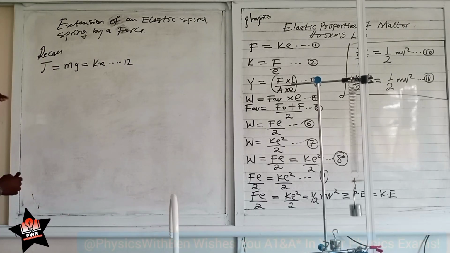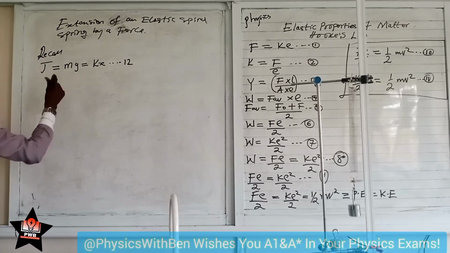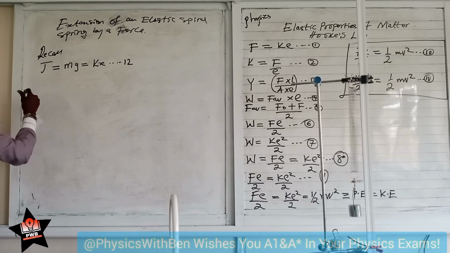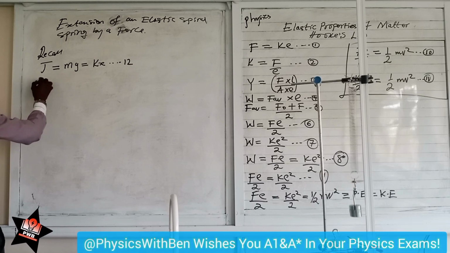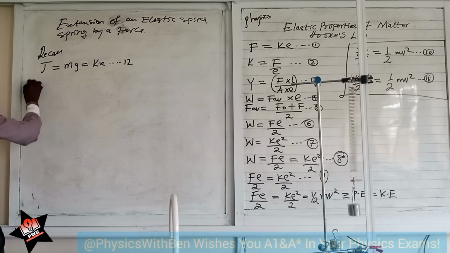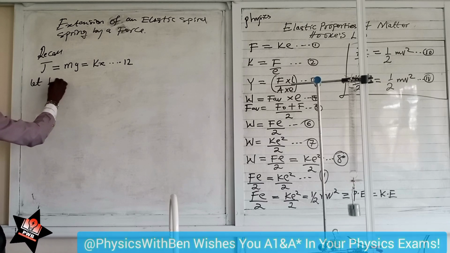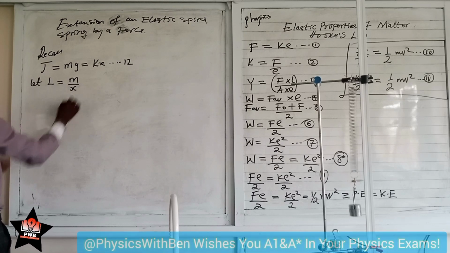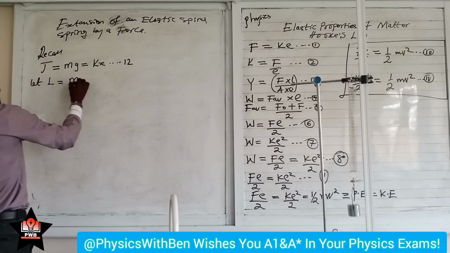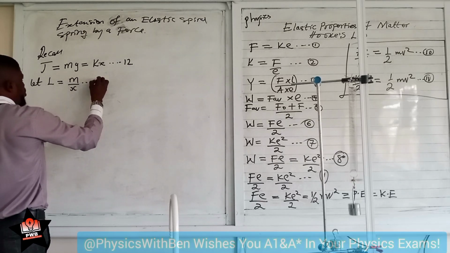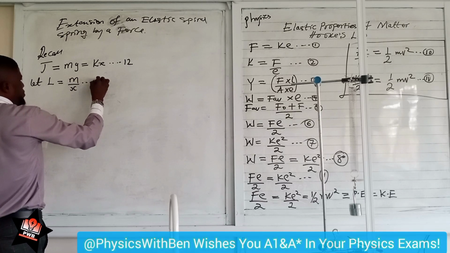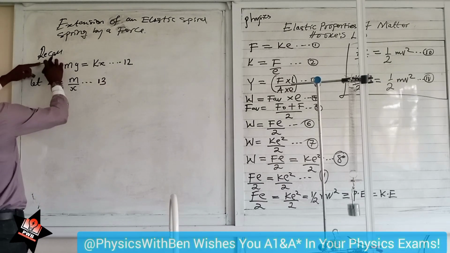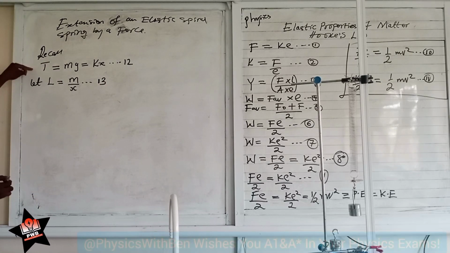For equation number 12, we can still write that our L, let L be equal to the mass m all over x. Call this equation number 13. Good. So from here, the x stands for the extension.